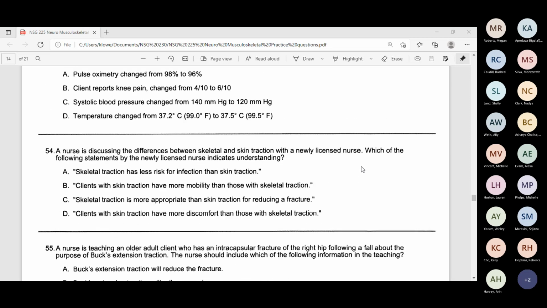The nurse is discussing the differences between skeletal and skin traction with a newly licensed nurse. Which of the following statements by the newly licensed nurse indicates understanding? So which would be correct?